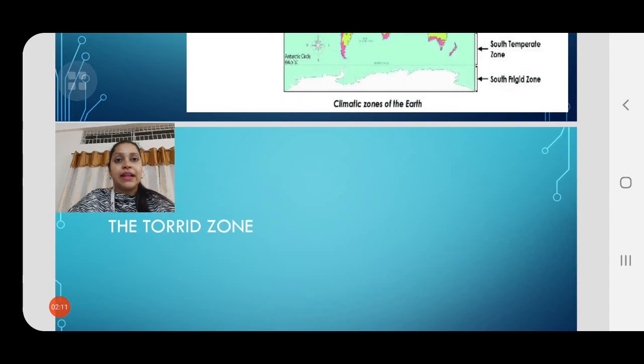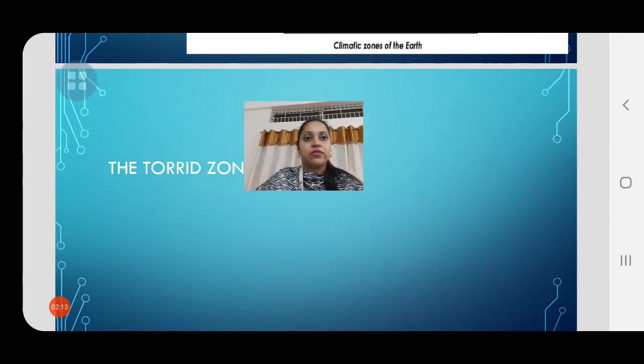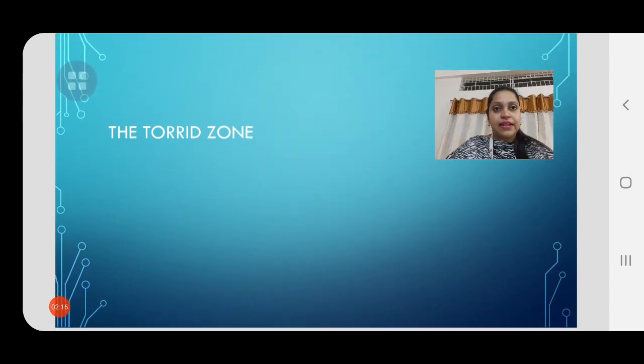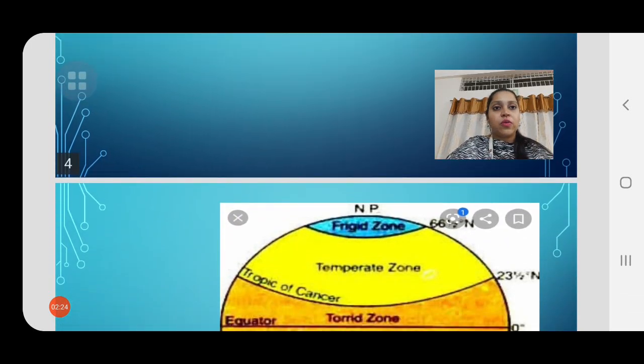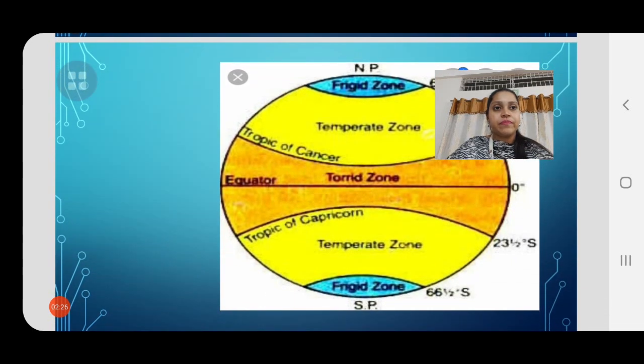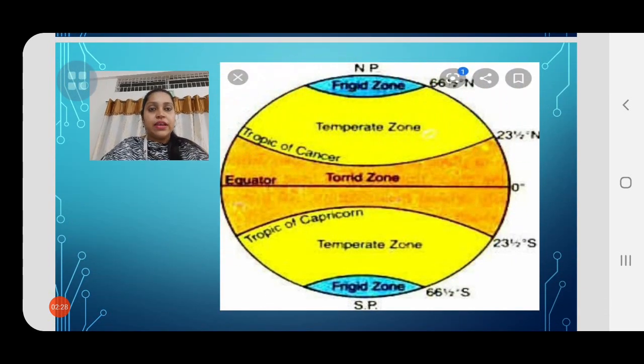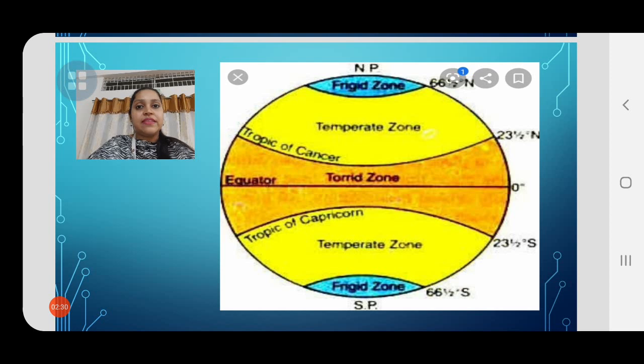So first let's study the Torrid Zone. The first climatic zone is the Torrid Zone. So what is the Torrid Zone? Let's see which one is the Torrid Zone. Now in the picture you can see, this is the Torrid Zone, the area which lies near the equator.